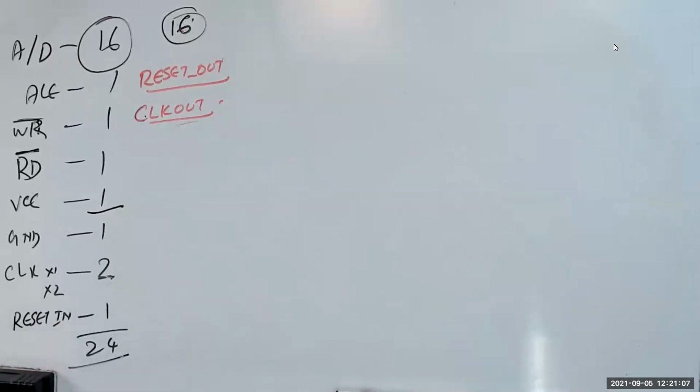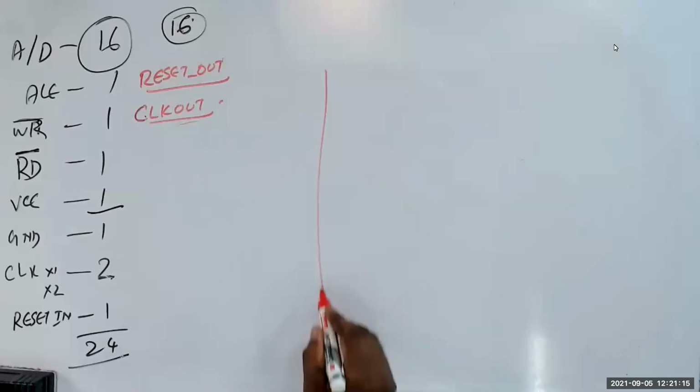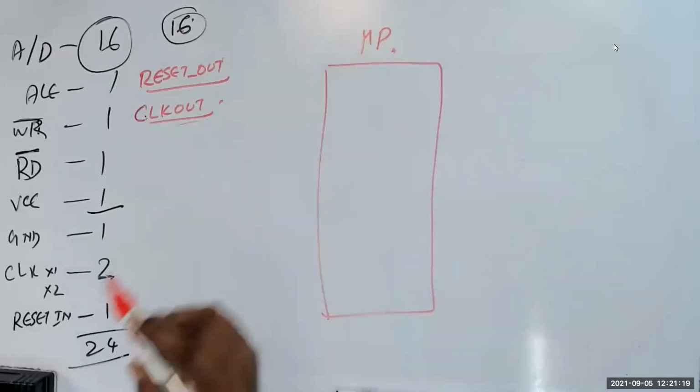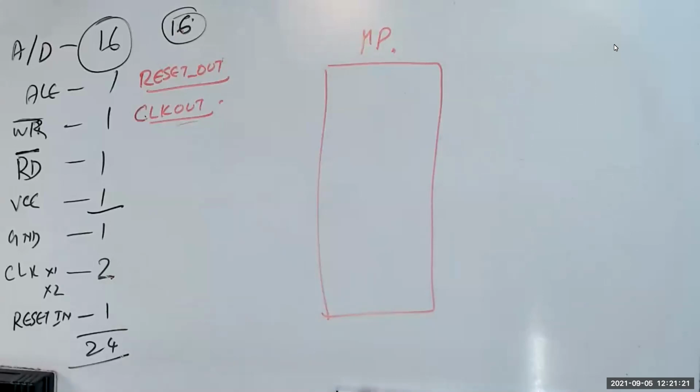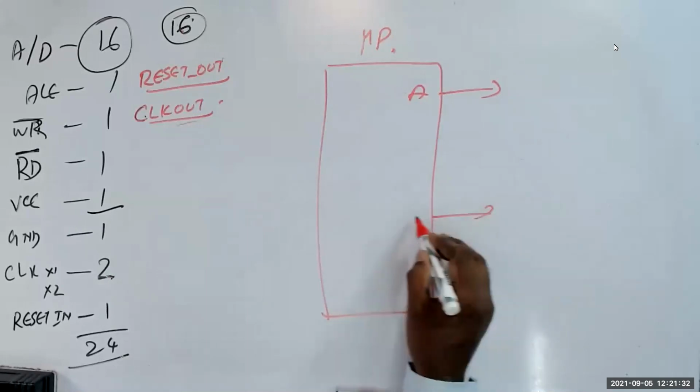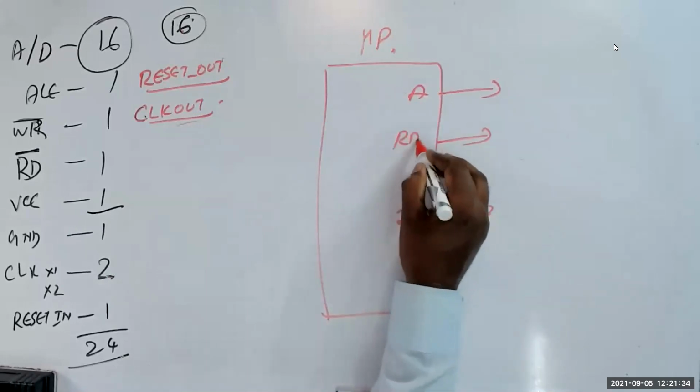Somebody has started a very small question about storage and main memory. Let us not get into that. Now let us get into the thing. Our general microprocessors have address, data, read, and write.